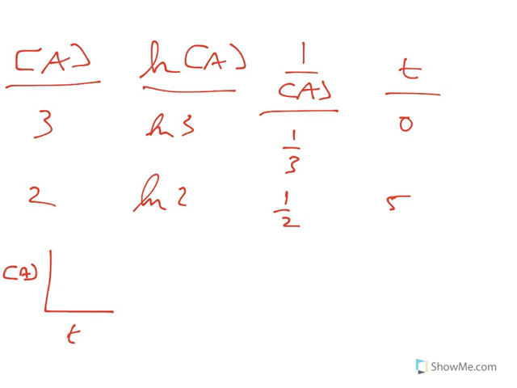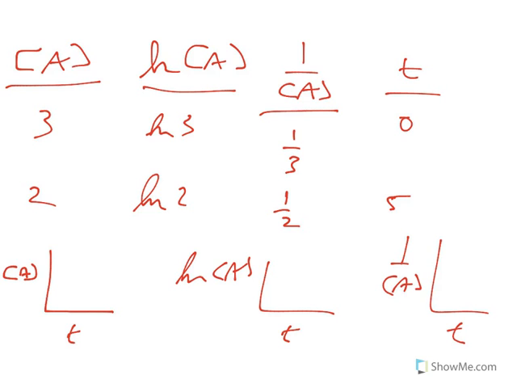You can make [A] versus t, ln of [A] versus t, and then 1 over [A] versus t. And whichever one comes out to be the most linear is going to be the most likely order of reaction, all right? So let's say this one comes out and looks like this, all right? And this guy looks like this, and then this guy makes a nice, beautiful straight line, all right?